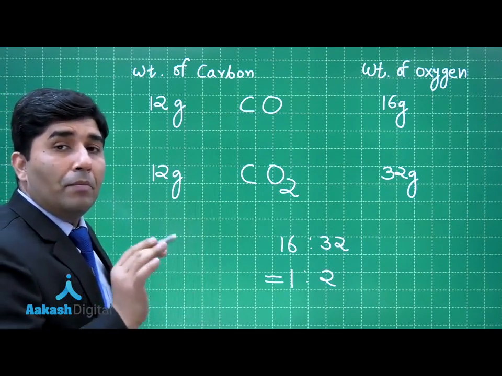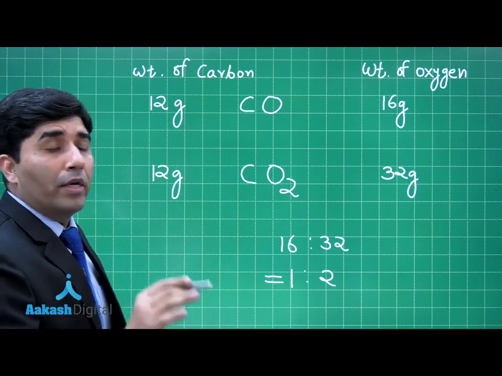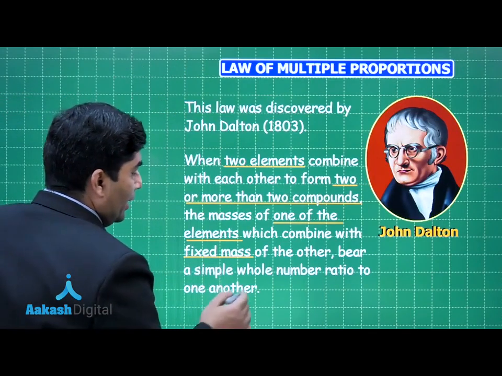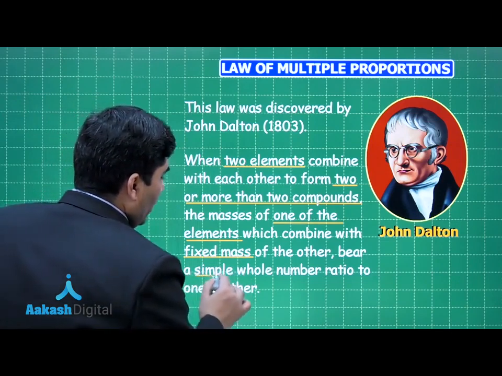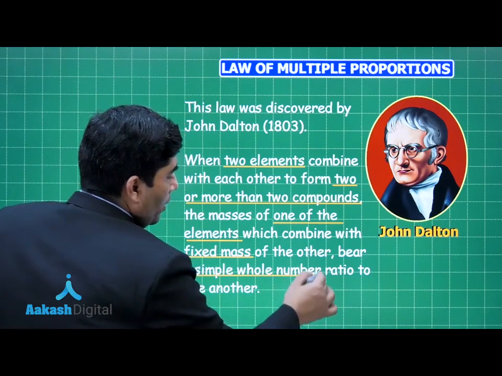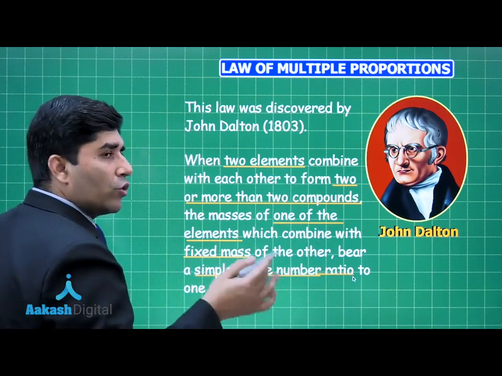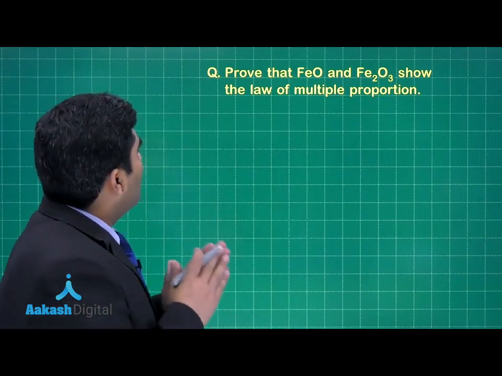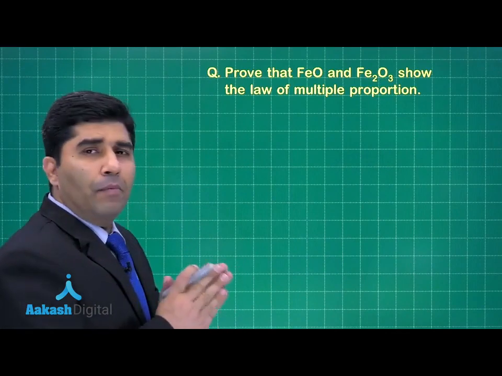Now this is the meaning of the law of multiple proportion, and you can clearly see in the end it is written simple whole number ratio, right? Let's solve a problem based on this. In this question he is asking, prove that FeO and Fe2O3 show the law of multiple proportion.